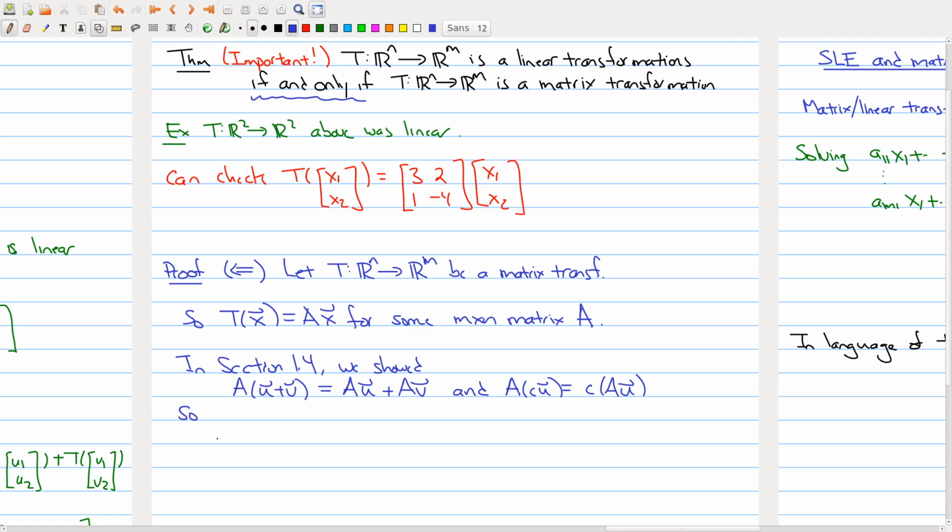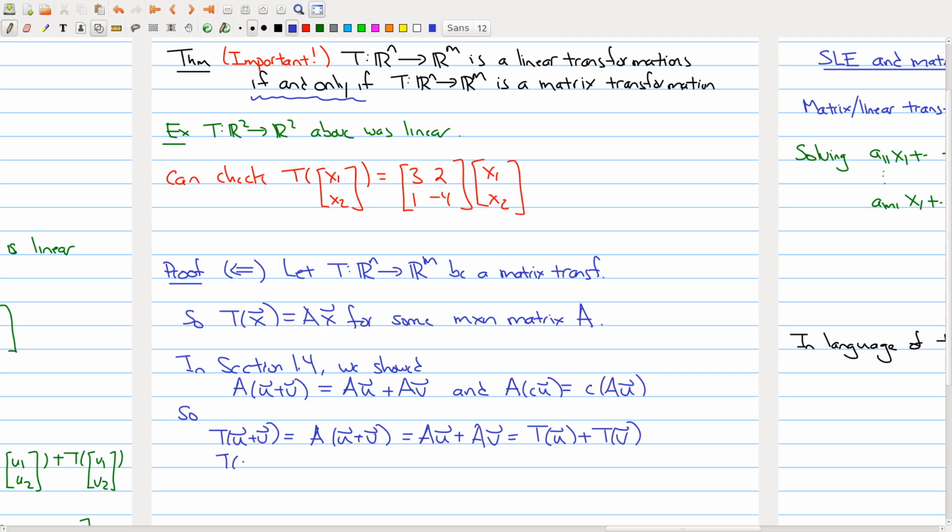So what we have is that T(u + v) is equal to A(u + v), because it's the matrix transformation. But then using results from section 1.4, we can replace it with this sum, which is the same thing as T(u) + T(v).